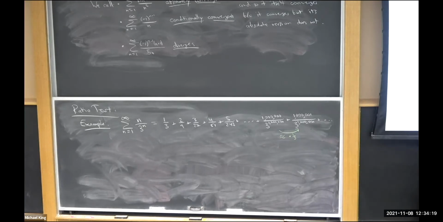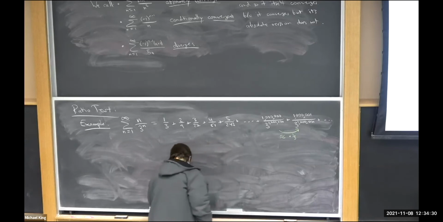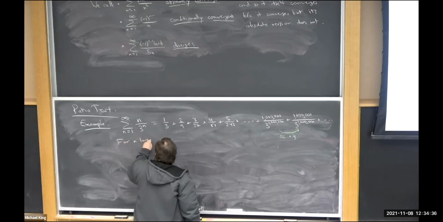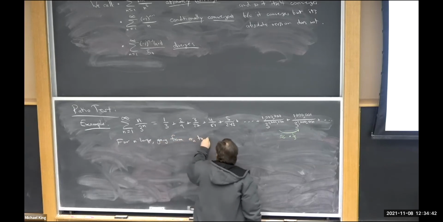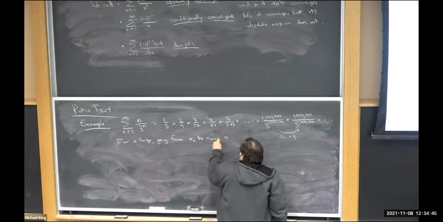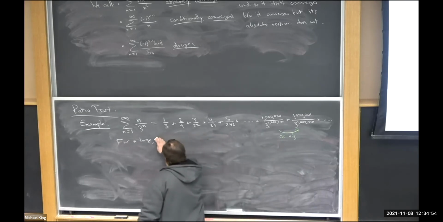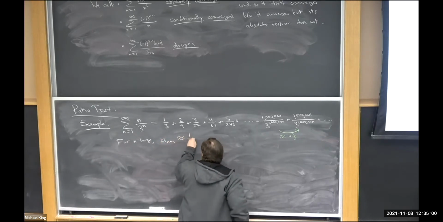That's not really true for the small terms of the series, right? Going from 1/3 to 2/9 is actually multiplying by 2/3, so that's very much not multiplying by 1/3. So it's not true for the small terms, but for n large, going from a sub n to a sub n plus 1 is approximately the same as multiplying by 1/3. Or an easier way to say it is a sub n plus 1 is approximately 1/3 times a sub n.